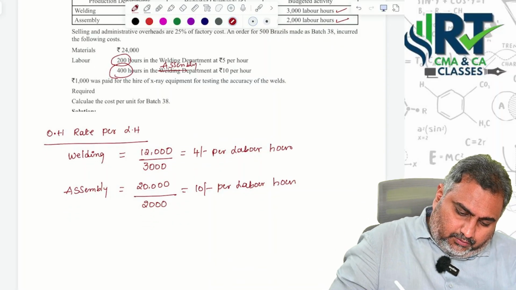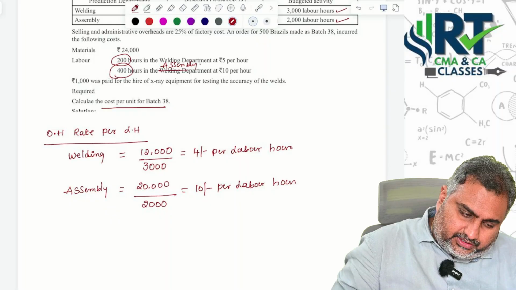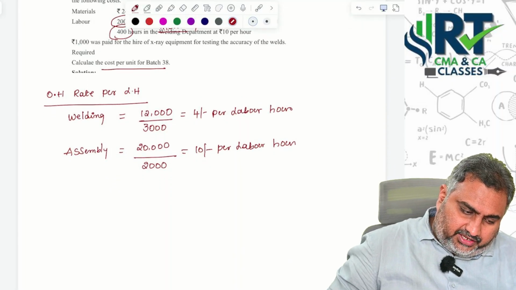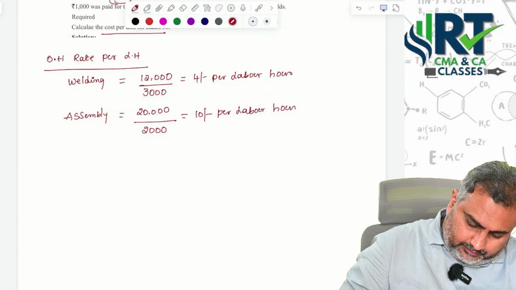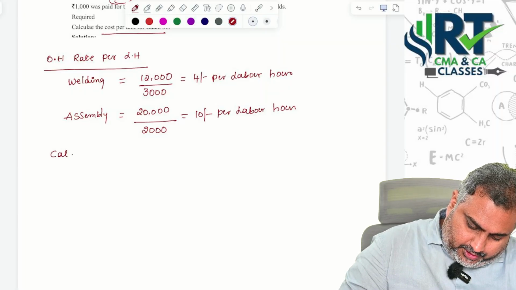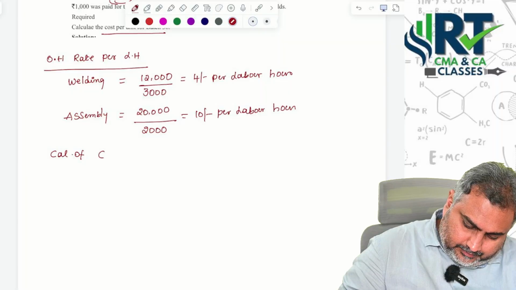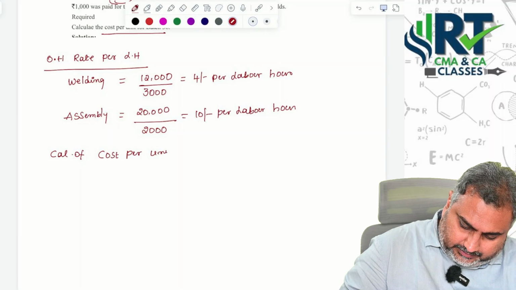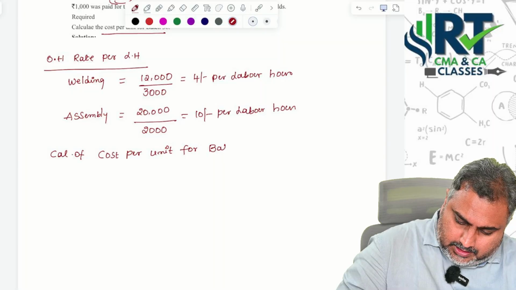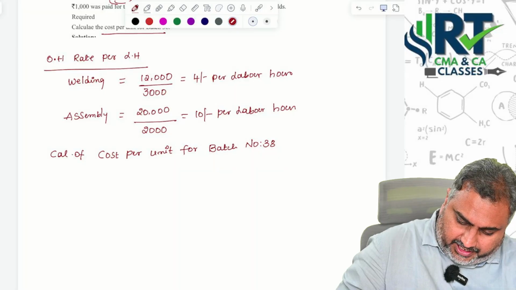Now we need to calculate the cost per unit of batch number 38 itself. Calculation of cost per unit for batch number 38.